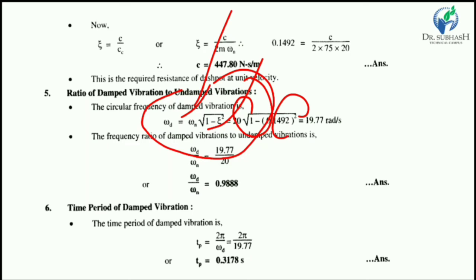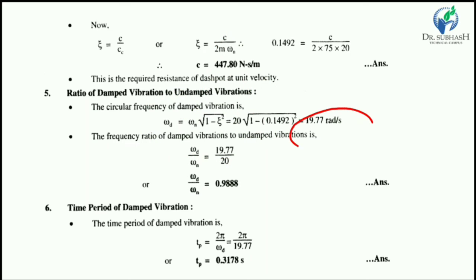Put the values of both and we find omega d is 19.77 radian per second. So take the ratio of omega d upon omega n, and finally the ratio is 0.9888.